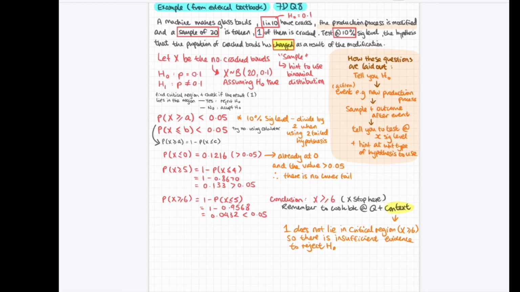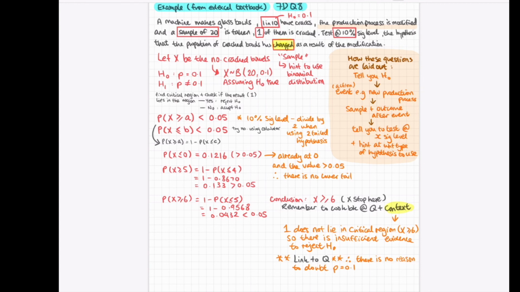But again, don't forget to link it to the question. Do not forget to link to the question. And basically that just means that, therefore, there is no reason to doubt that p equals 0.1.